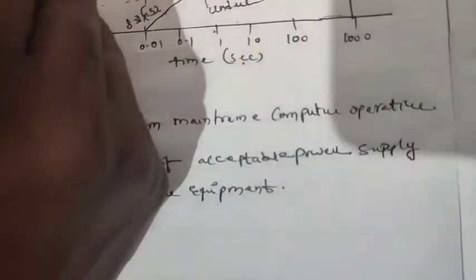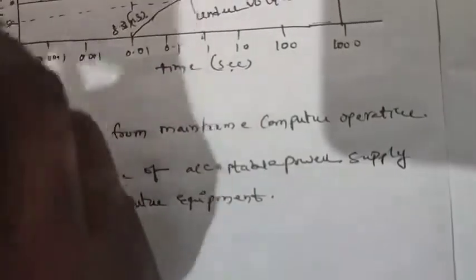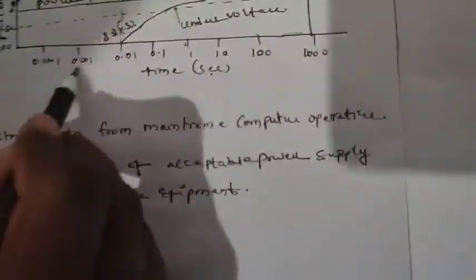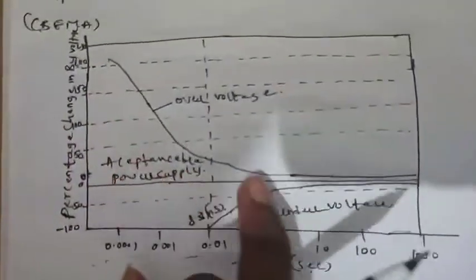That means this is the range within this limit. The percentage change in voltage is 200 and 150, and the minus tolerance value. Within these times, this range of voltage can change. Within this time, this change of voltage is acceptable.